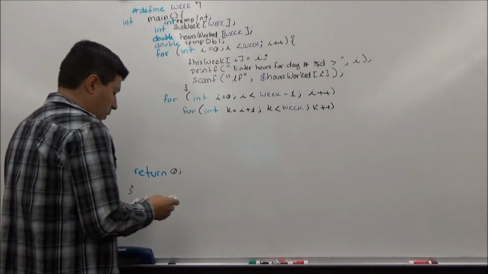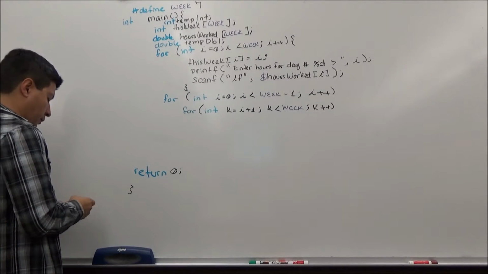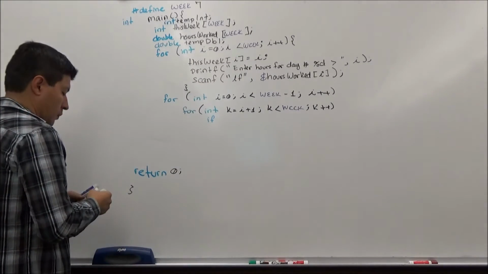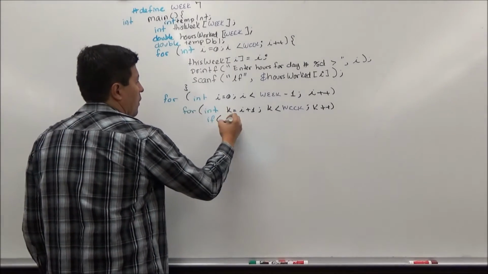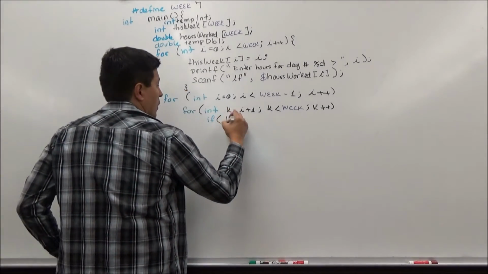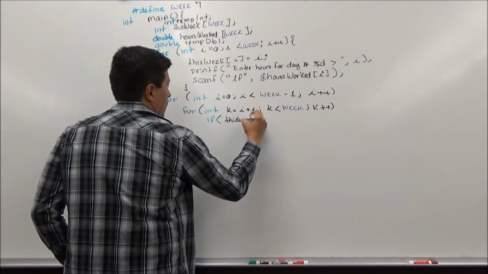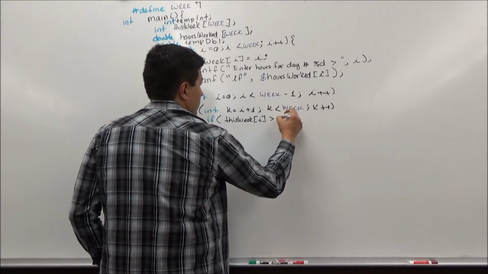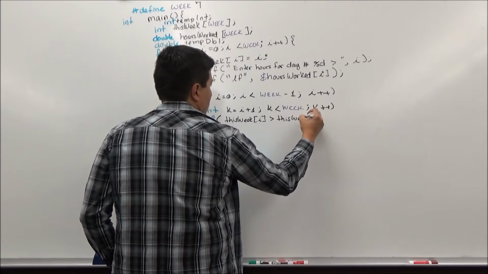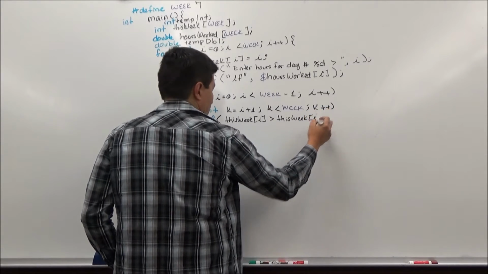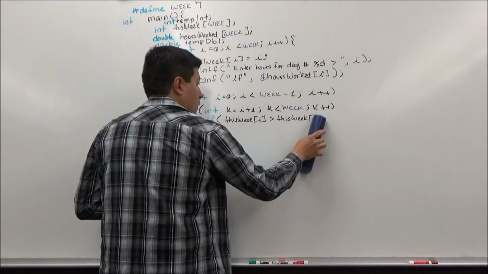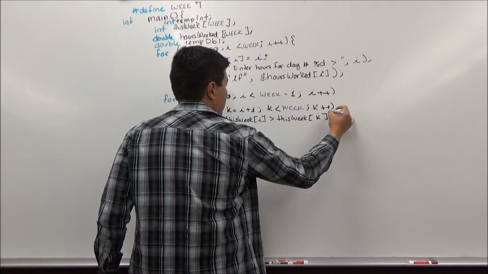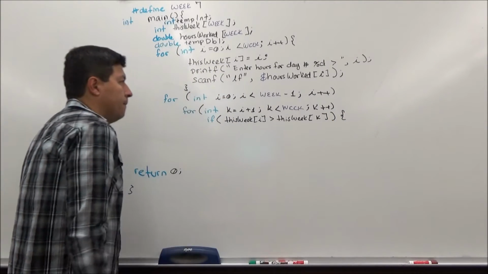And then we had an if statement here. So if the value of this week i is greater than k, we're gonna swap them. And how do we swap?